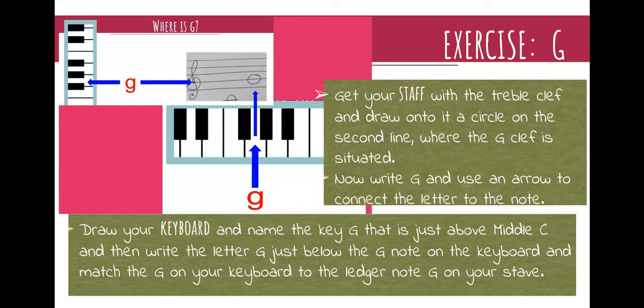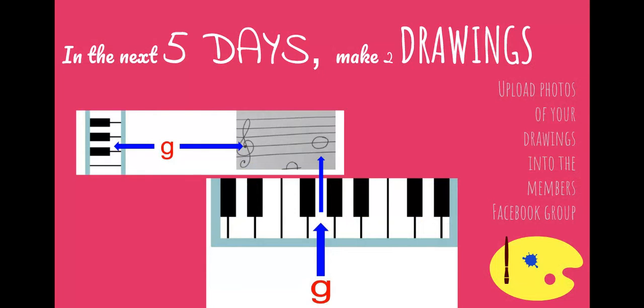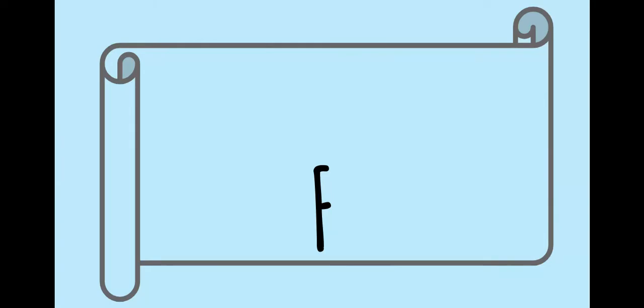With this exercise, you need to get your staff, draw the 5 ledger lines, draw the treble clef, and put a note on the second ledger line, that's going to be your G. Now you need to get your piano keyboard and draw a circle on the piano keyboard. That's going to be your G, and then connect the 2 together. Now take some photos of this homework and upload it to the private Facebook members group, please, so that I can see what you've done.